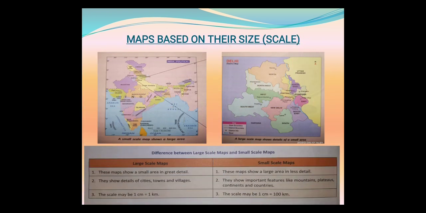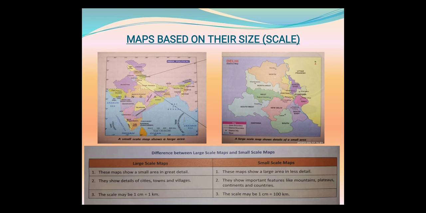Next, maps based on their size. There are two types of maps based on their size or scale. Those are large scale maps and small scale maps. Large scale maps show a small area in great detail. For example, cities, towns, and villages.